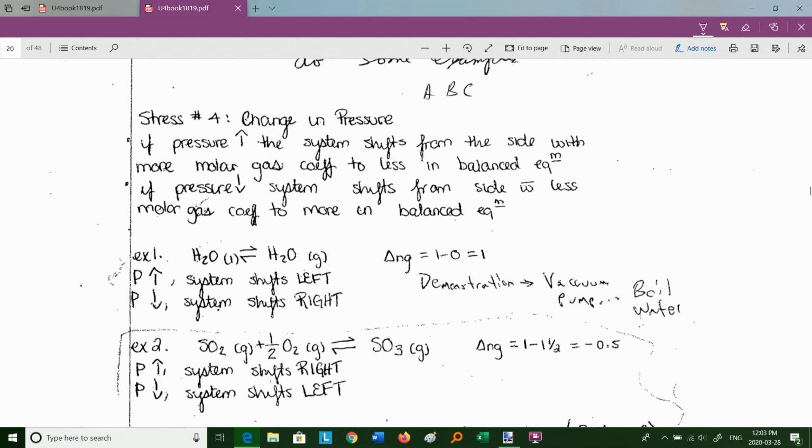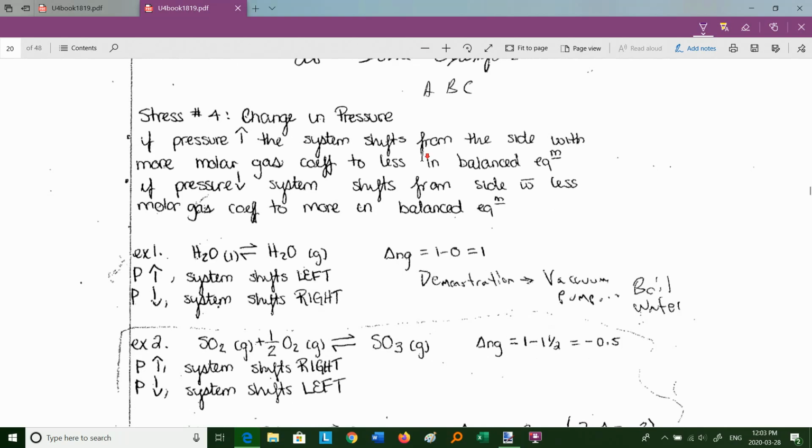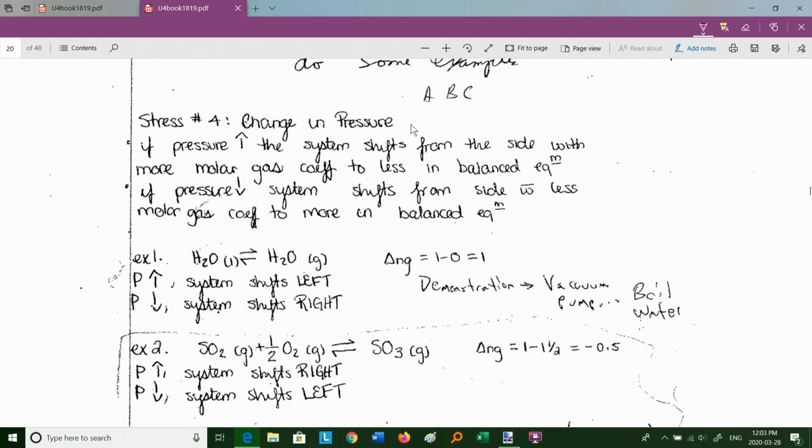You could also just dump in an inert gas to increase the pressure of everything in the flask, but that's not going to cause any shift because there's no reactions there. The real stress we want to look at here is change in pressure, and I'm going to add this in here, due to volume of flask changes.